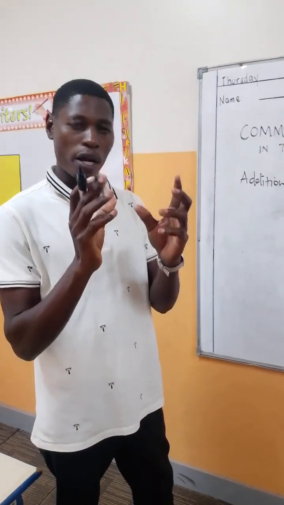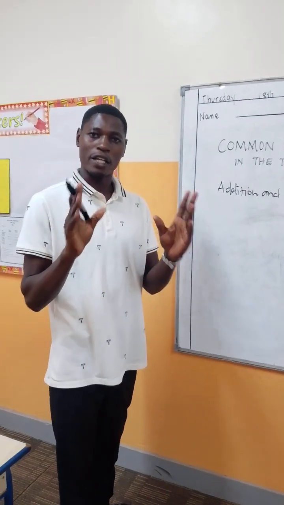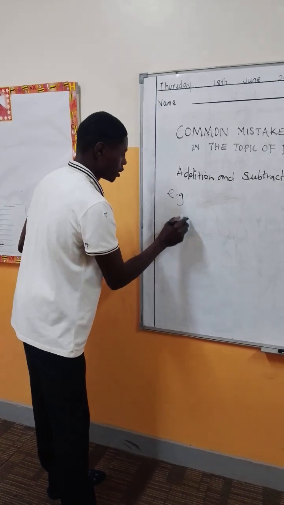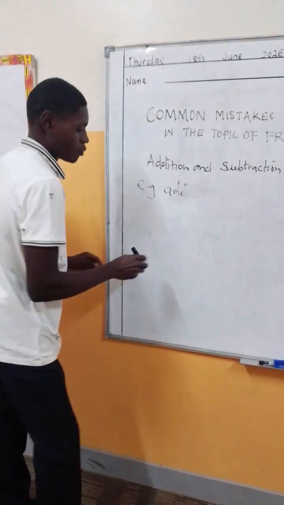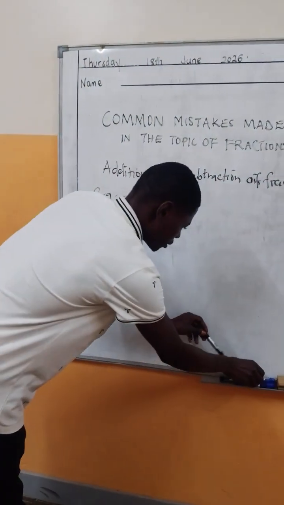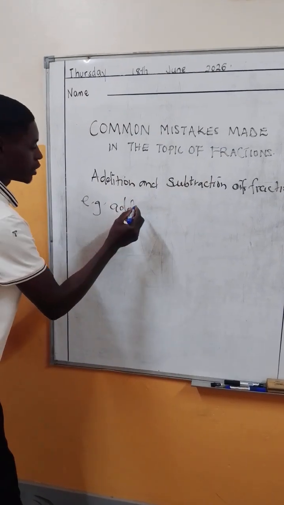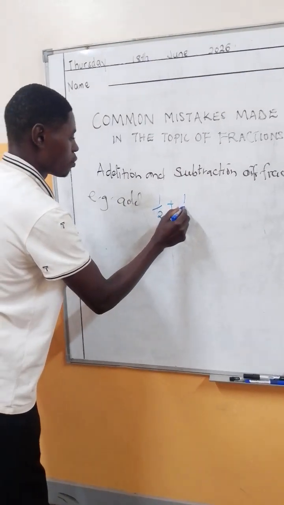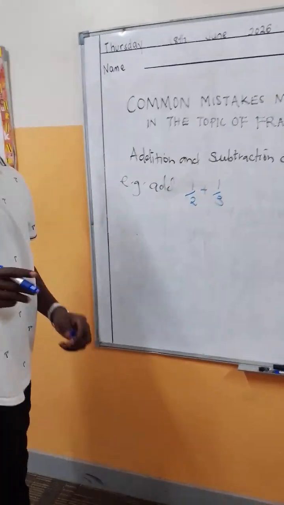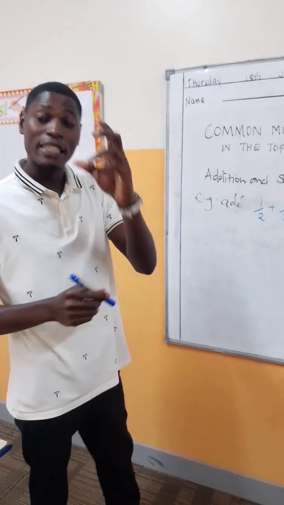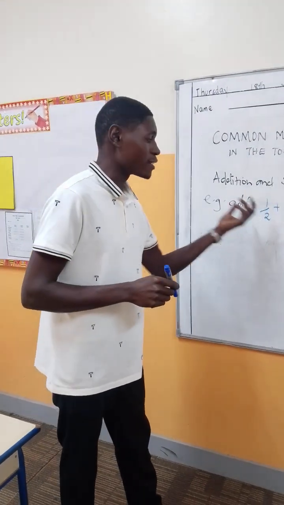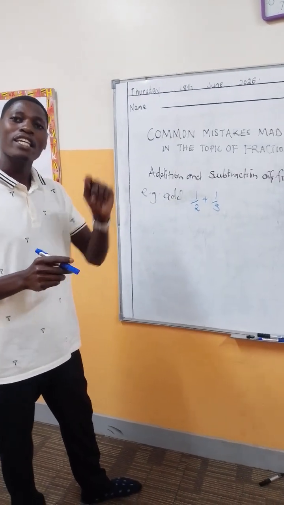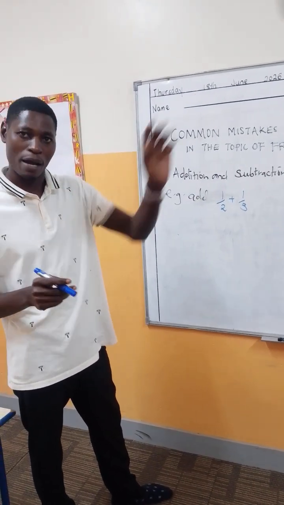When our learners find fractions with different denominators, for example, if we are adding 1 out of 2 plus 1 out of 3, they tend to consider the numerators and denominators as different and independent numbers.